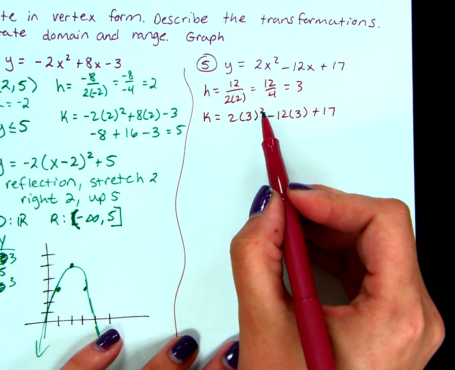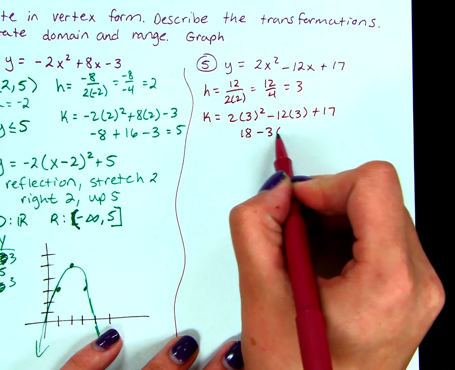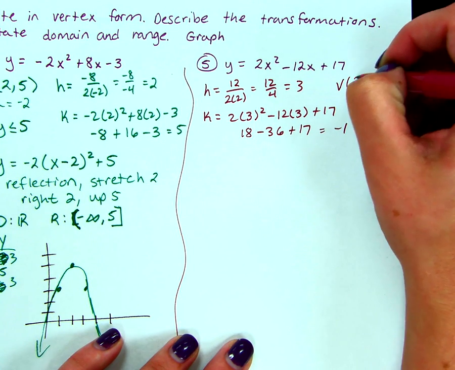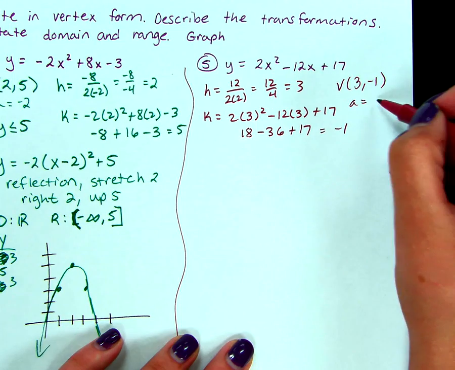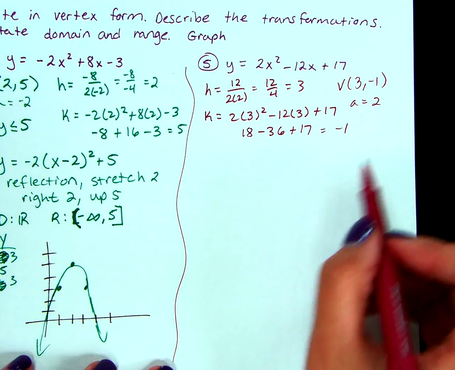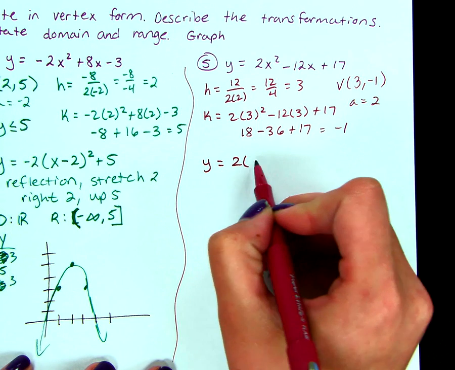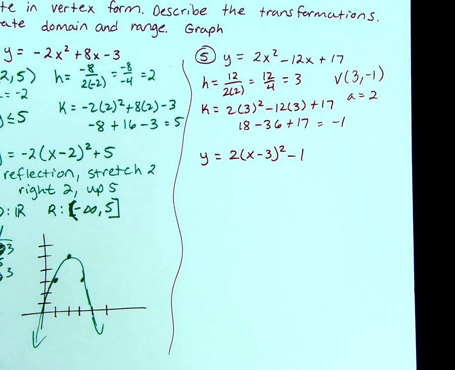So 3 squared is 9 times 2 is 18. 12 times 3 is 36 plus 17. So 18 minus 36 will be negative 18, and then plus 17 would give us a negative 1. Okay, so that means that my vertex is 3, negative 1, and my a value is 2. So if I just write that in, we'll have y equals 2 times x minus 3 squared, and then minus 1. So that's my vertex form.